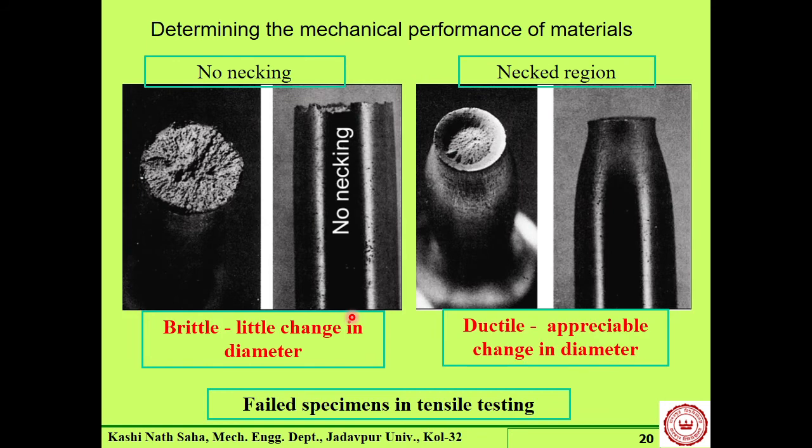Now the nature of failure for a brittle material, this is how it will look. So in tensile testing, this is how the failure of a brittle material and a ductile material will appear. And then there is another test which is known as the torsion test of a material.